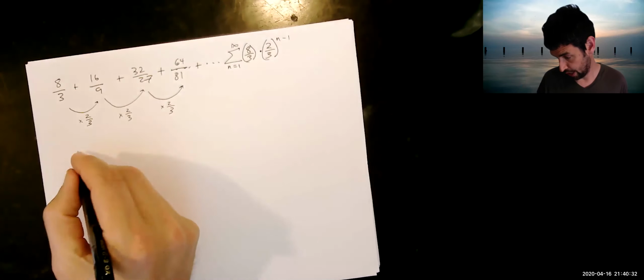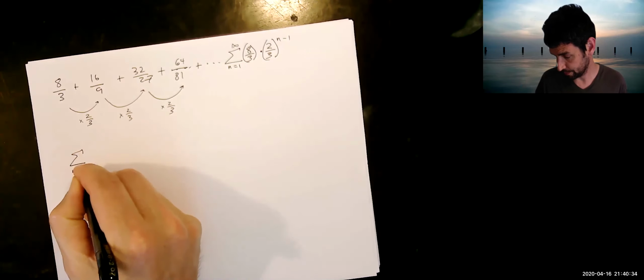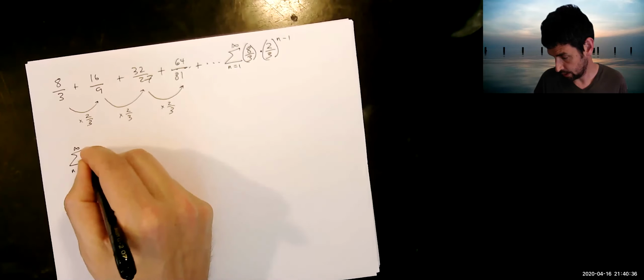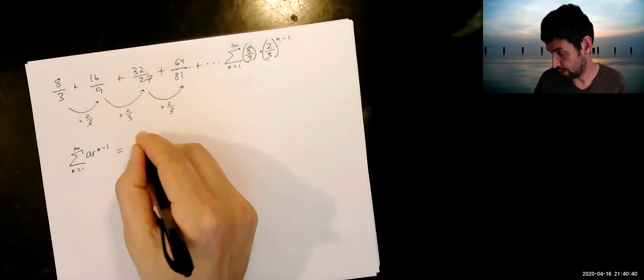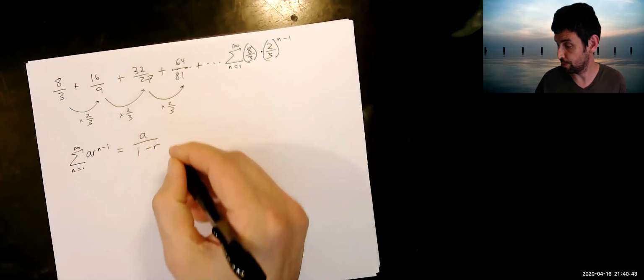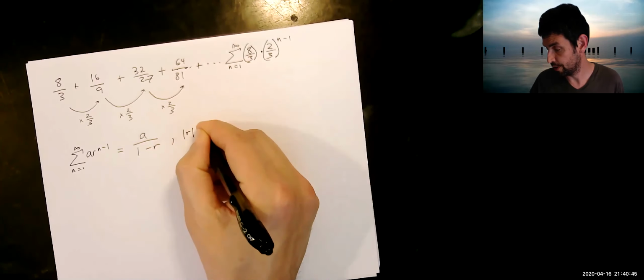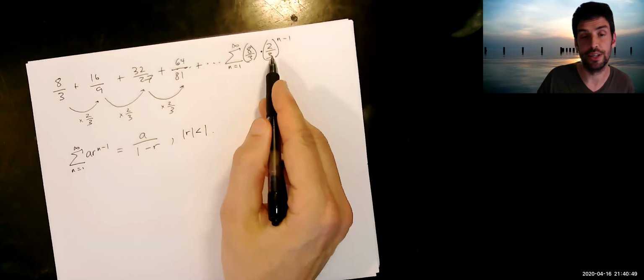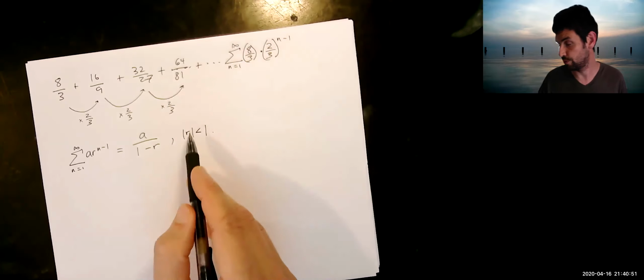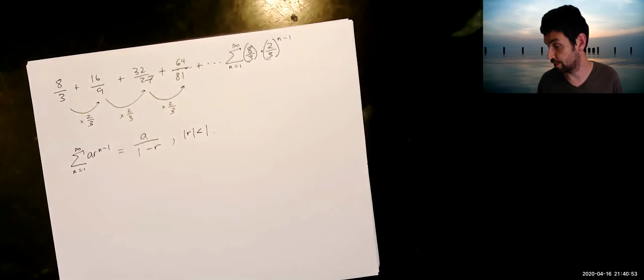Well, if you remember, our geometric series has a known sum whenever the absolute value of the ratio is less than 1. So in this case, our ratio is 2/3, which is less than 1 in absolute value.